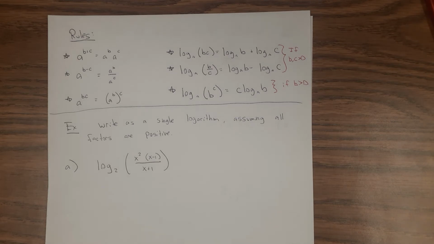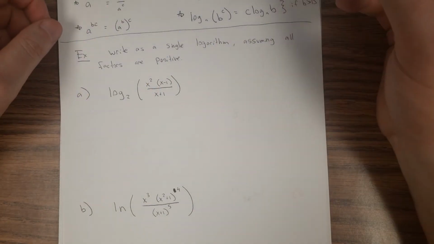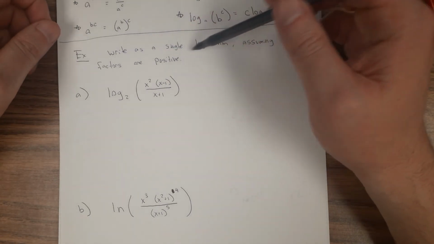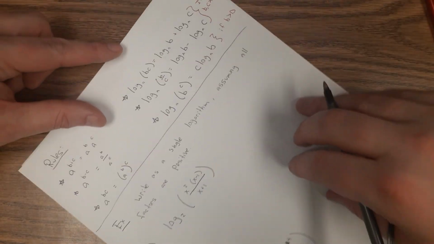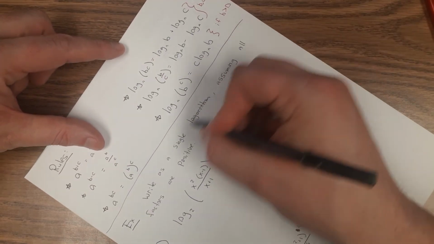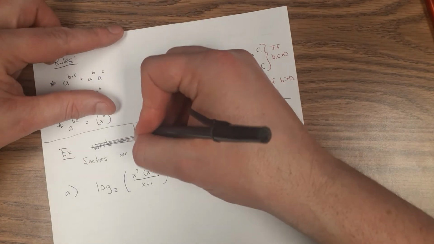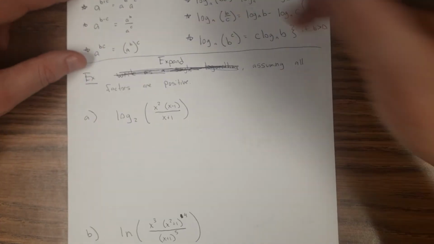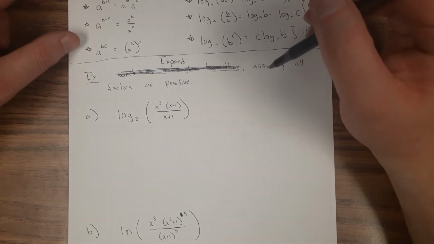Okay, so let's do some examples. So here's one, and this is a common type of problem that you'll see on the homework. Write as a oops, sorry, the instructions are not what I intended. I meant to say expand. So I'm going to expand this, assuming all factors are positive.